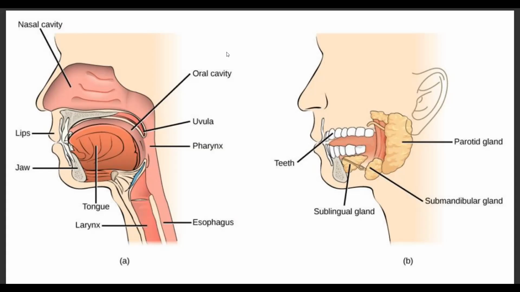Then functions of saliva. You can write down salivary amylase. Next point. Salivary amylase carries out chemical digestion of polysaccharides into smaller polysaccharides and the disaccharide maltose.